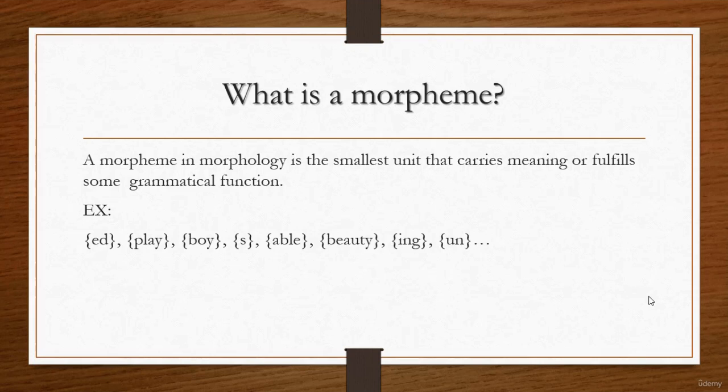And it also has meaning, because when somebody tells you boy, you instantly imagine a boy in your mind. Same thing with beauty, same thing with the verb to play. But s of the plural and ing only fulfill grammatical functions.